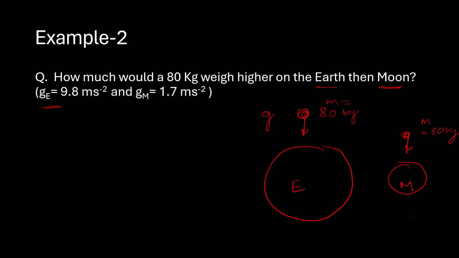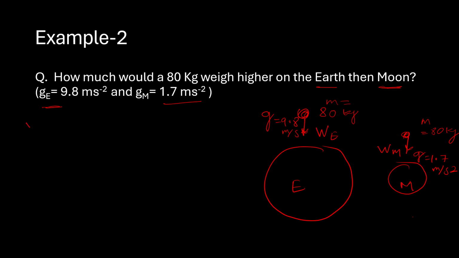On Earth, the gravitational acceleration is 9.8 meter per second square. Here on the Moon, g is given as 1.7 meter per second square, right? So let's calculate. Here it will be WE and it will be WM.